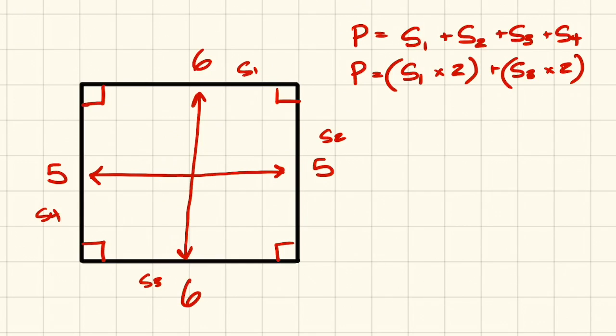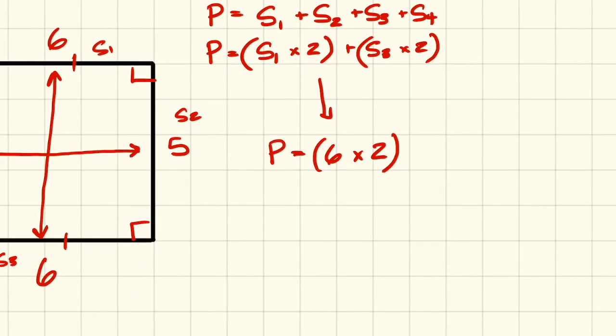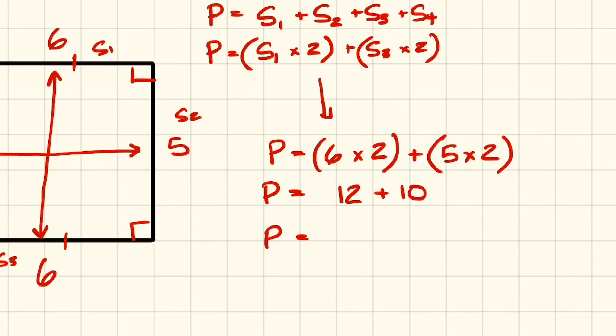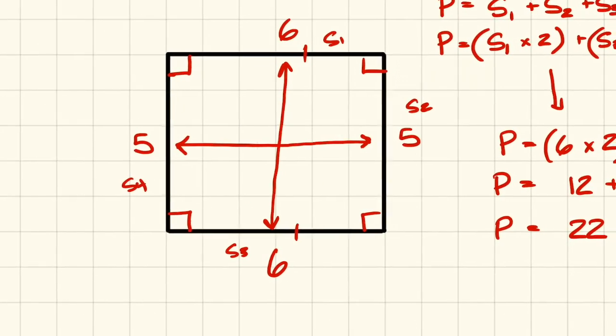In this particular one, using this equation, the perimeter P equals 6 times 2, because there are 2 of these sides, plus 5 times 2. If I simplify that expression, it would be 12 plus 10, so the perimeter is 22.